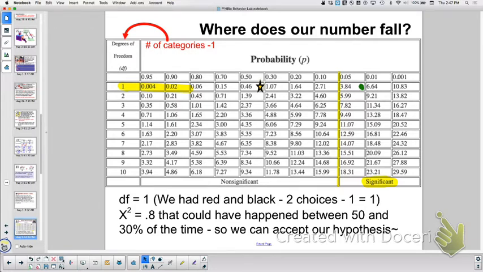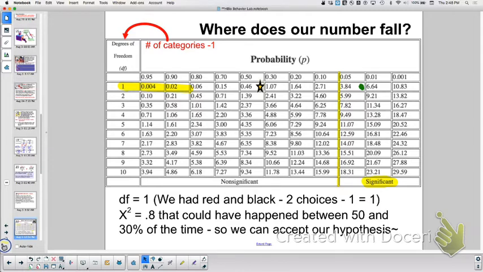Are you off by a lot? If you're off by a lot, you're going to have a really big chi-square number. So in this case, we were not off that much. 0.8 falls right where the yellow star is. It would have happened 30 to 50% of the time. I can accept those results. There's nothing wrong with my deck of cards.